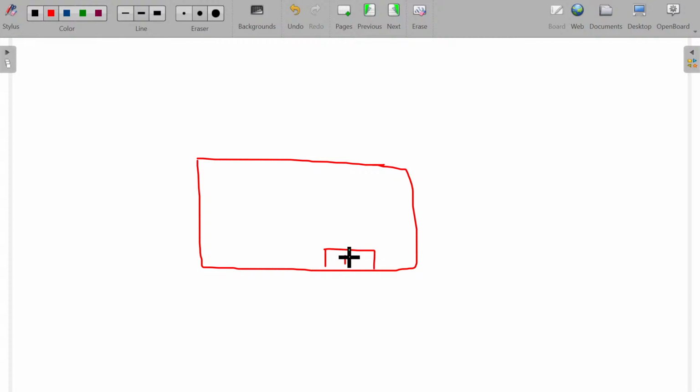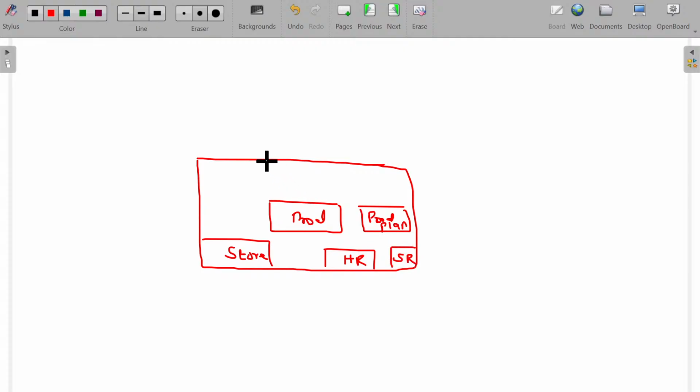Probably HR department, stores department, stores, okay, and production department, production planning department, showroom, and accounting department and all, finance and accounting. Okay, you just imagine these are the basic departments existing.